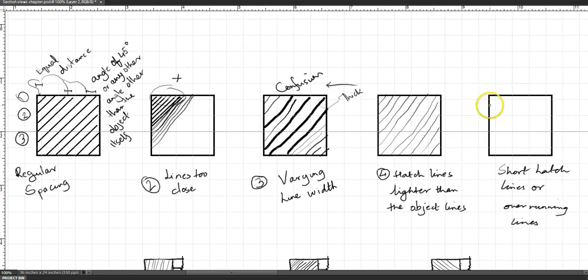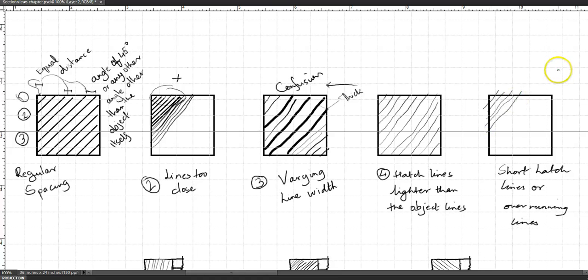For example, I cannot have the lines going up till here, right? Or I cannot even have overrunning lines. I cannot start the hatch right there and go like that. Some lines are inside, some lines are going outside. I cannot do that.